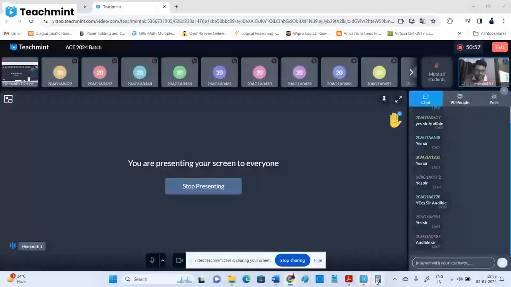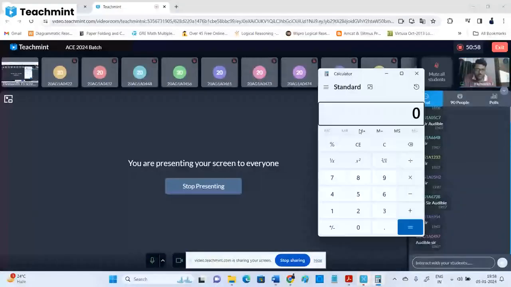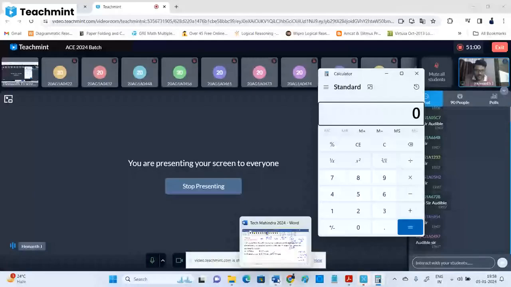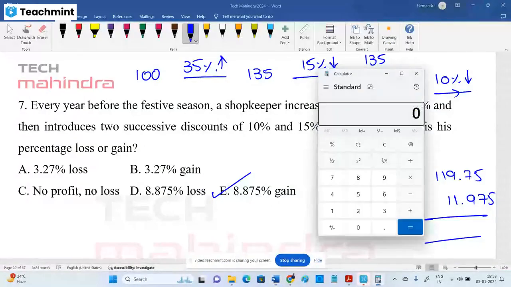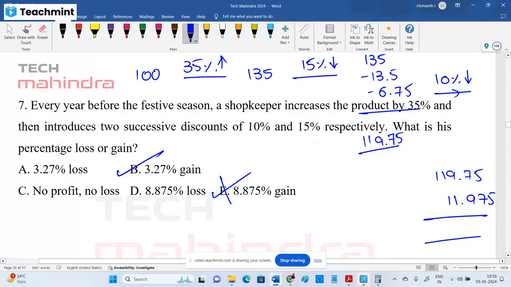Then 35% increase you can write as 1.35, multiplied by 10% discount, which is 0.9, multiplied by 15% discount, which is 0.85. That gives 1.03275, which means 3.275% gain. Somewhere I made a mistake.